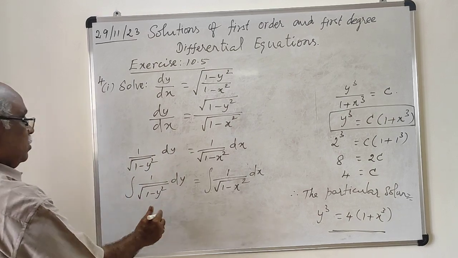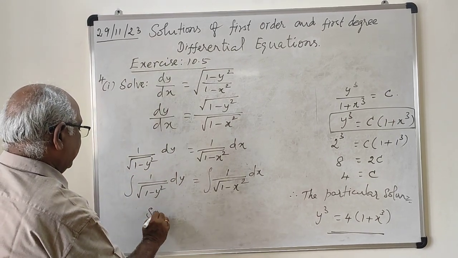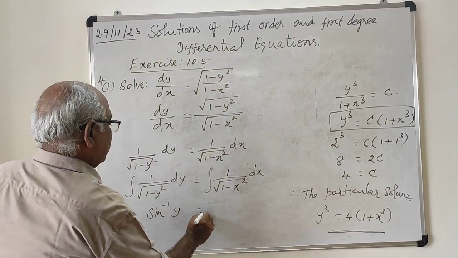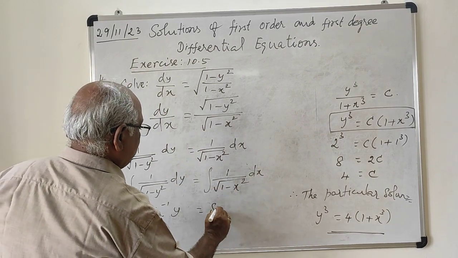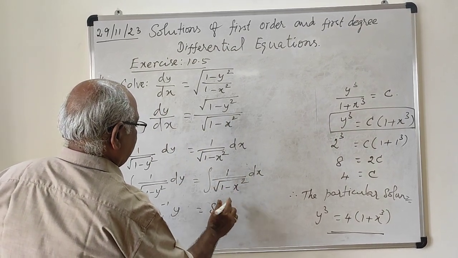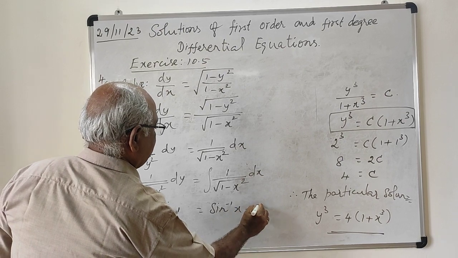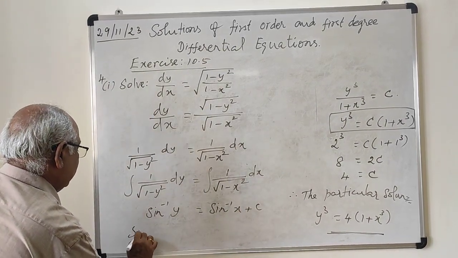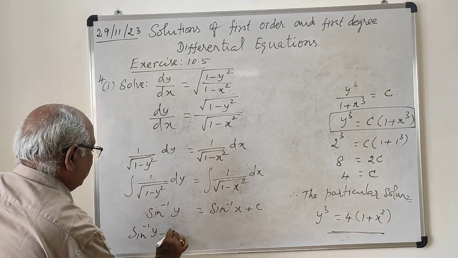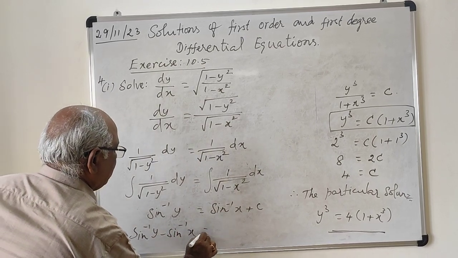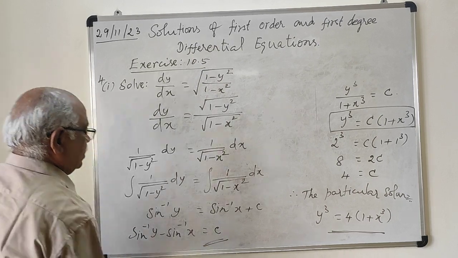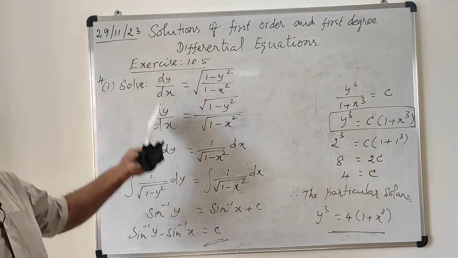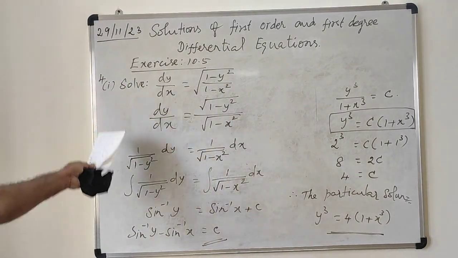Integral 1 by root of 1 minus y square is sin inverse y equal to integral 1 by root of 1 minus x square is sin inverse x plus the integration constant c. So this again, you can write it as sin inverse y minus sin inverse x equal to c. That is the general solution for the differential equation. Okay, that's all about this problem.